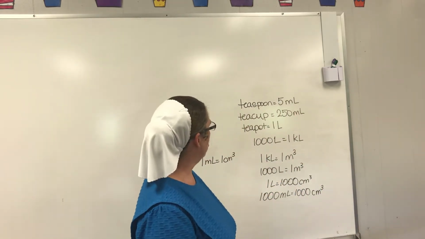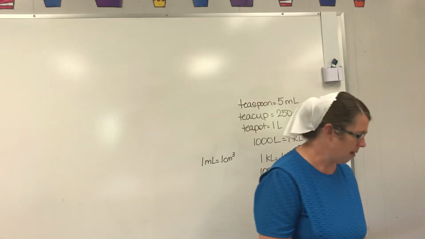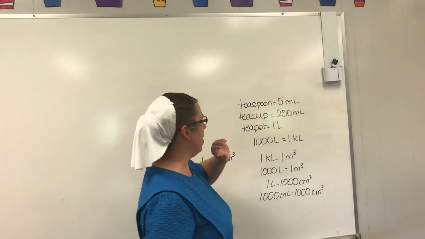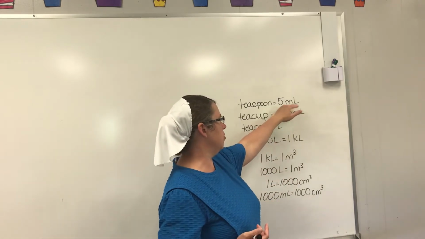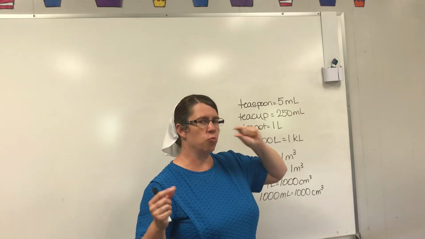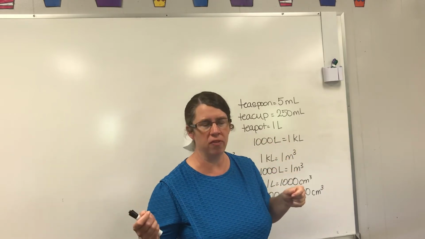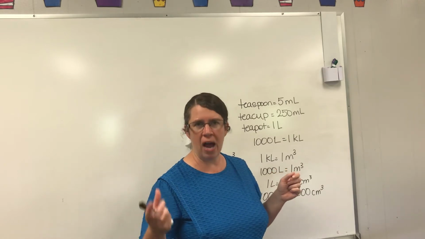Okay, so they're telling you, and this is all in your book here on page 60, so you can follow along, that a teaspoon has a capacity, which means it will hold, 5 milliliters. Milliliters is really small. If you think about a teaspoon, that's what you would eat cereal with. That's really little, and a teaspoon holds 5 of those.